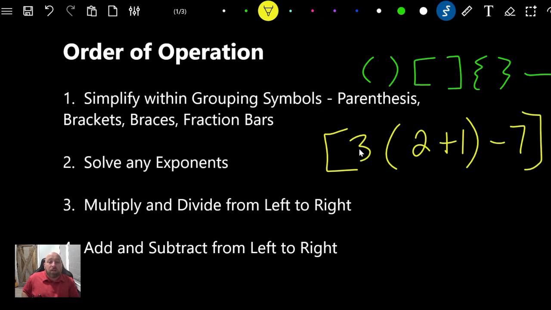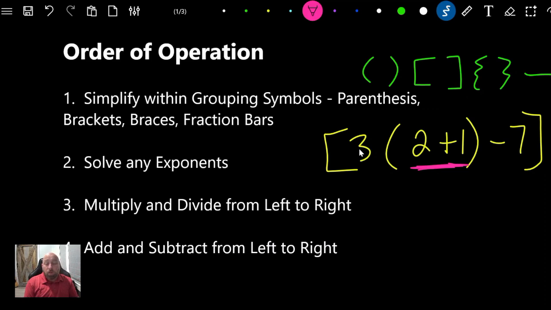Okay, so now here's the question: what do I do first in this case? Because I have both brackets and parentheses in the same problem. The way that you would solve this is you always do the inside first. So the innermost parenthesis or bracket or brace or fraction bar, and then you work your way out. So you work from inside out.